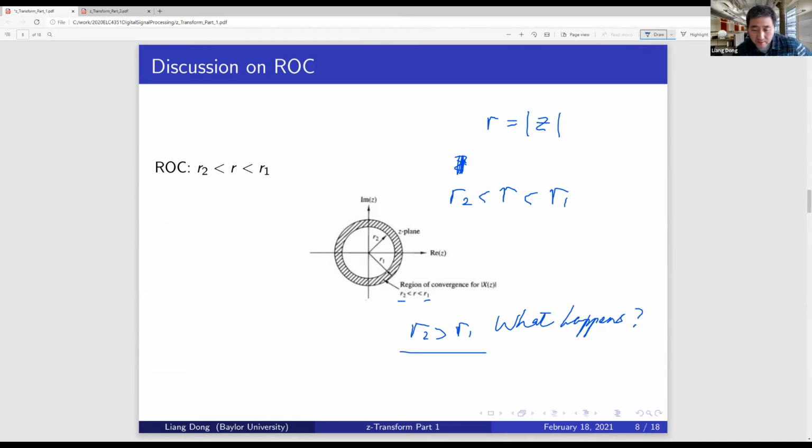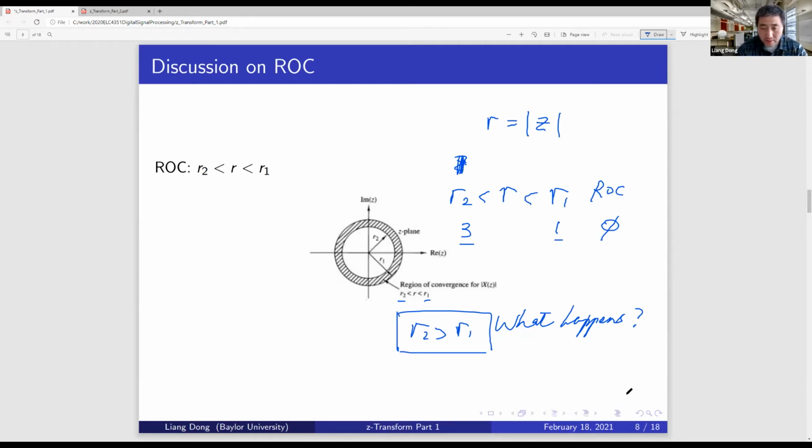If I find I got a number, R2 is 3, R1 is 1, well, the answer is the region of convergence is empty. If I got this value, what I conclude is that there's no way I can find any Z that gives me a finite X(Z). So the region of convergence is an empty set.